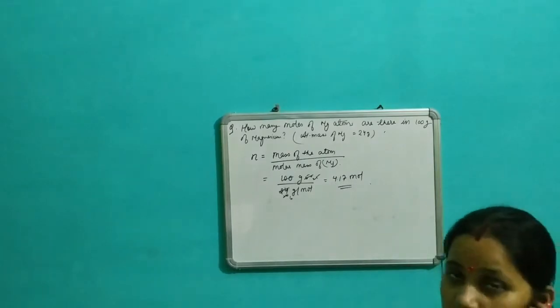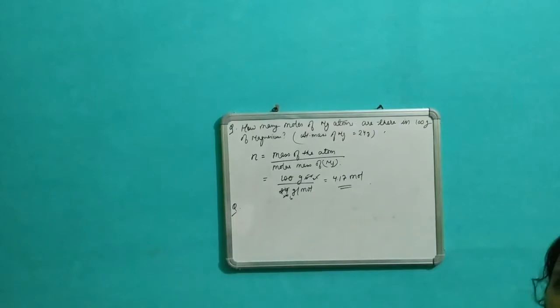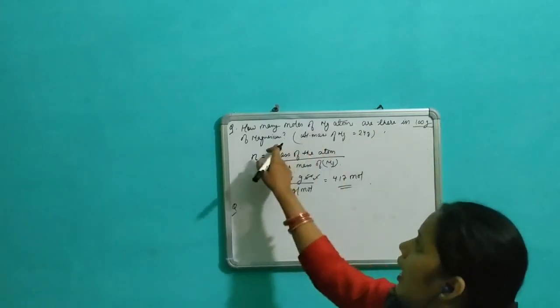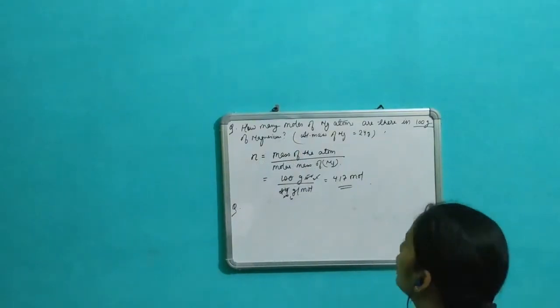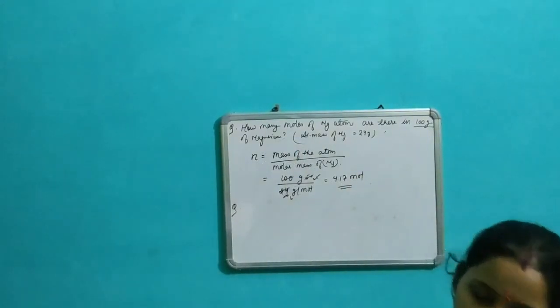So this is simple. We have to find the number of moles. The given mass is 100 gram and the atomic mass is also given to you. Simply find the number of moles by mass of the atom by molar mass.